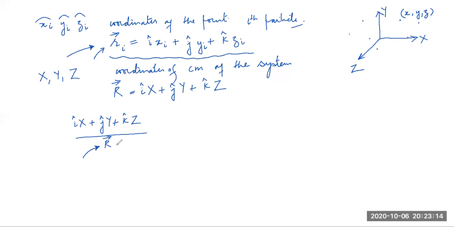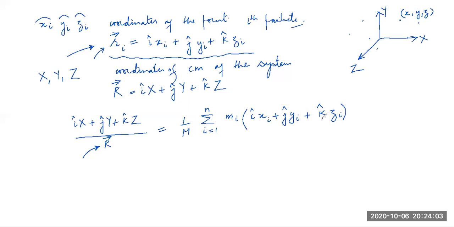It's not the center of mass, it's the position vector of the center of mass of the system. It is equal to 1 by M, which will come out, summation i from 1 to n of m i, then i cap x i plus j cap y i plus k cap z i.